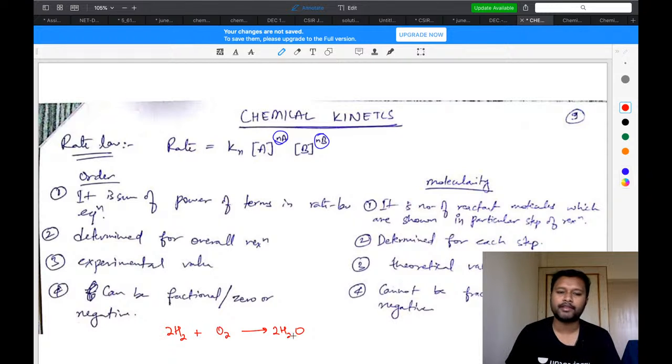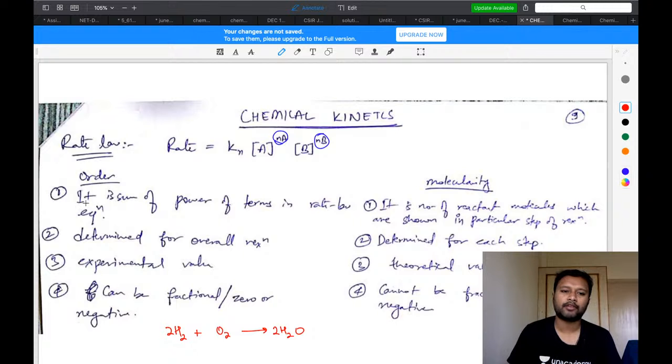So in a balanced chemical reaction, the coefficients tell you about the molecularity, whereas in the rate law equation, how the rate depends upon the concentration of hydrogen and oxygen is called the order of the reaction. Order and molecularity can be the same or different, so it depends. They can be equal, or unequal.